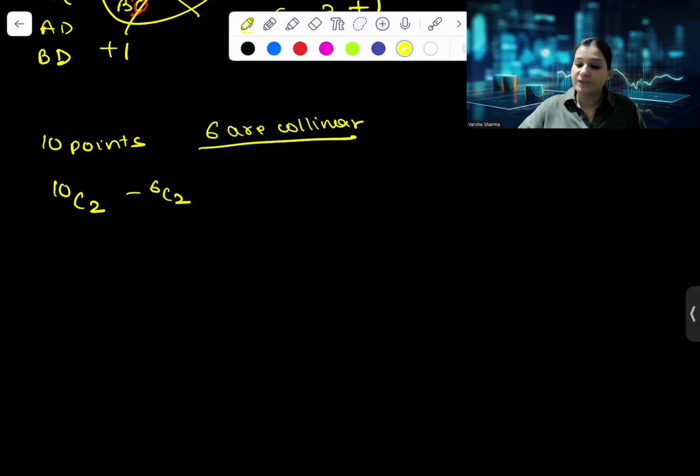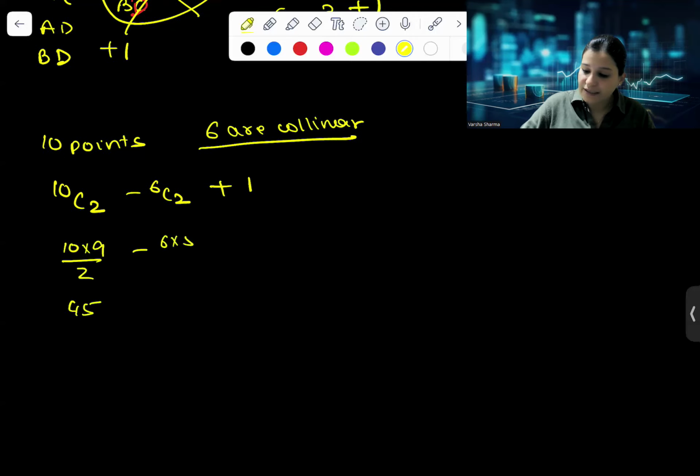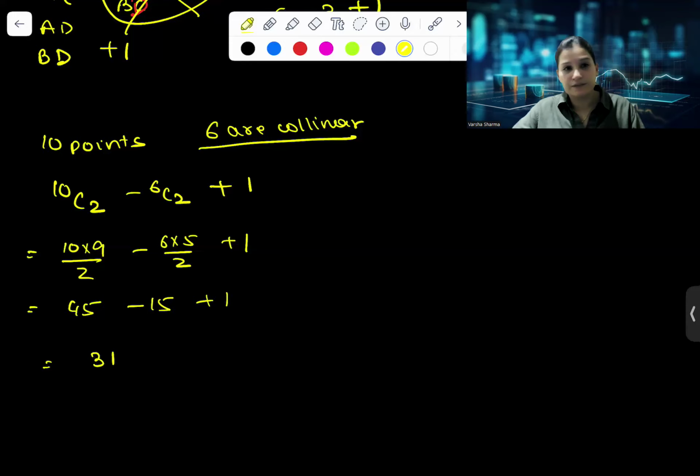And once I remove all of them, I'll just count the longest one. Okay. So 10C2 is 10 into 9 by 2, 45. 6C2 is 6 into 5 by 2, 15, and then add 1 to it. So 31. There will be 31 lines.